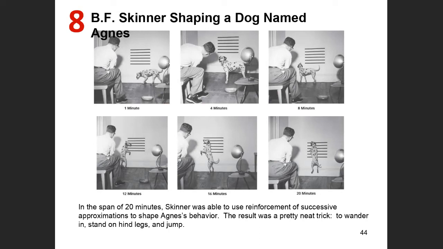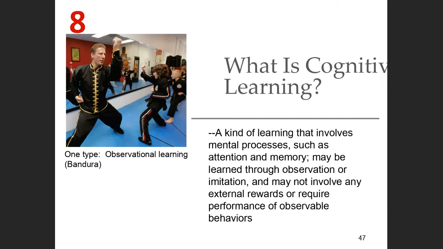So I think the next one has to do with observational learning. One type of cognitive learning is observational learning. Classical and operant conditioning are both what's called pure behaviorism, and they don't really take into account the thinking processes of animals or humans.